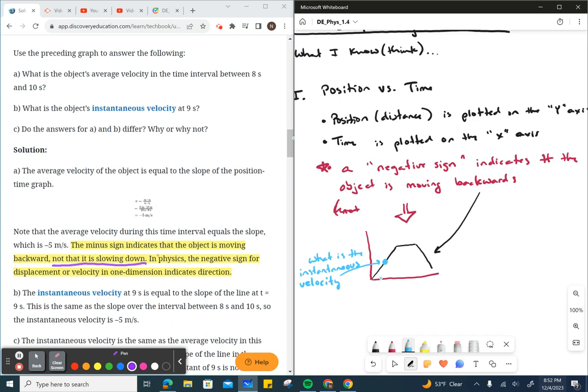Let's just say that this was at 2 seconds in time, right? If this is time, and we said this is 1, and this was 2, and this was in seconds, right?